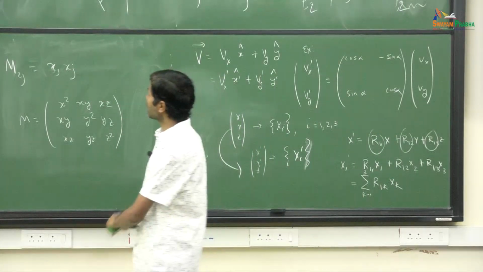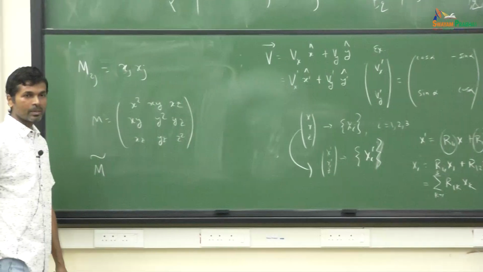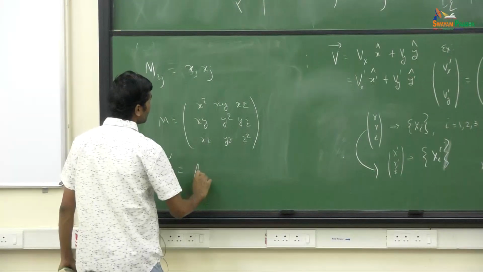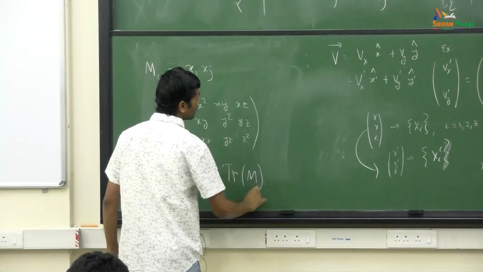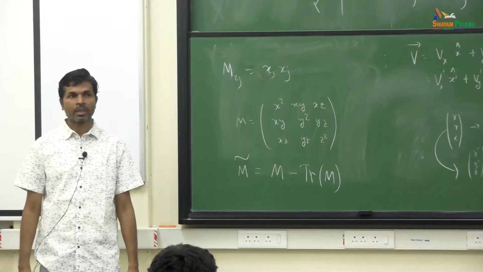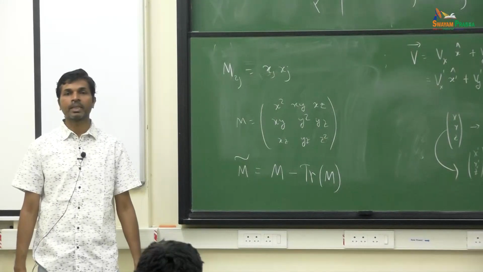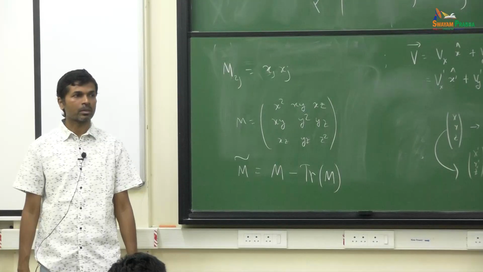But consider some M tilde, which is M minus trace of M. The trace is a quantity which does not change under rotation.